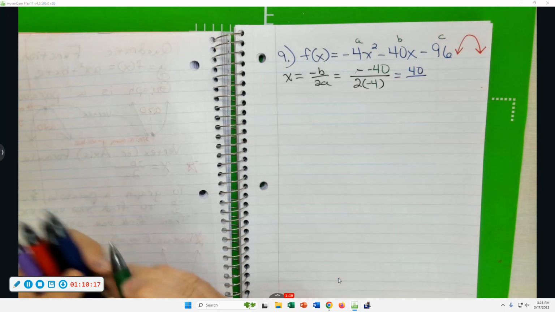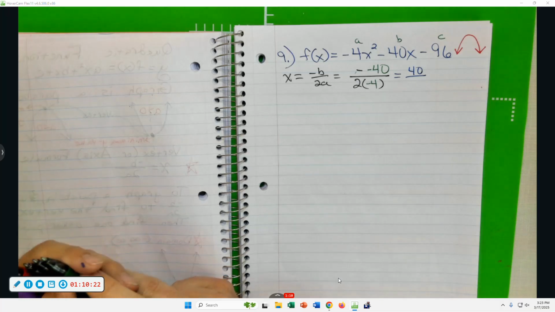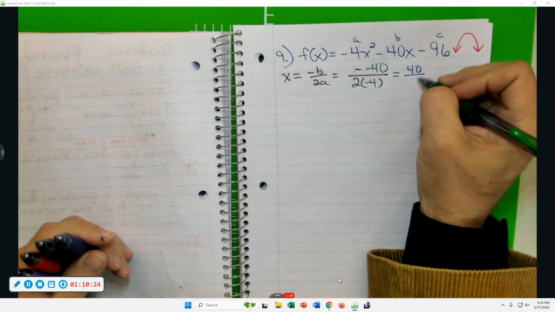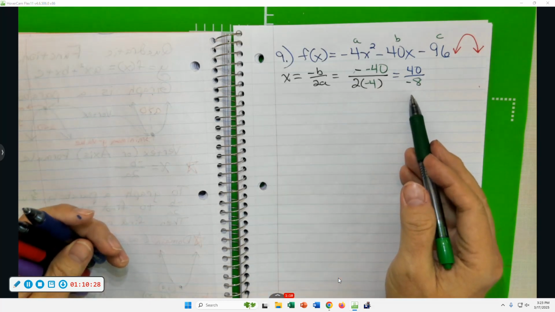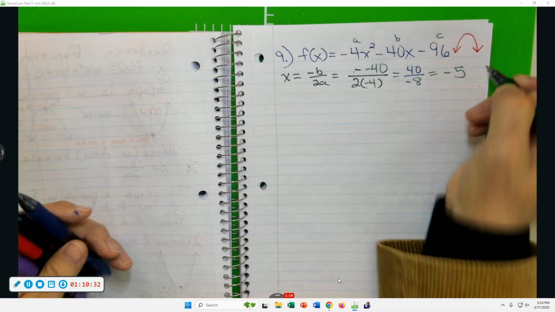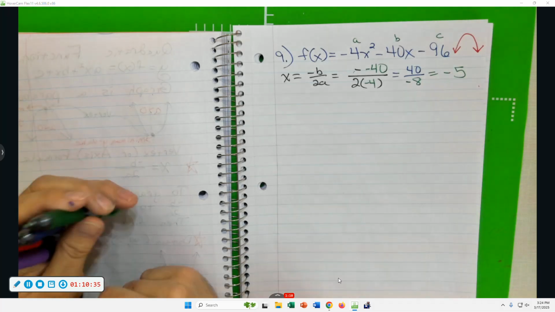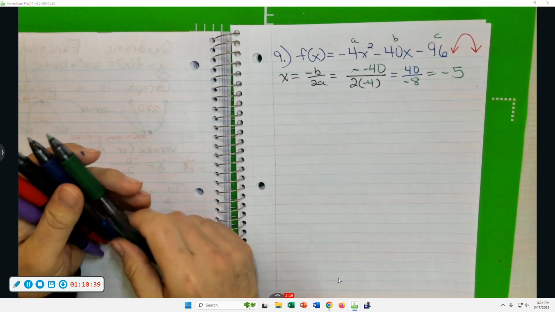What's 2 times negative 4? Negative 8. 40 divided by negative 8 says that the vertex is going to occur at negative 5. That's just the x-coordinate of the vertex.